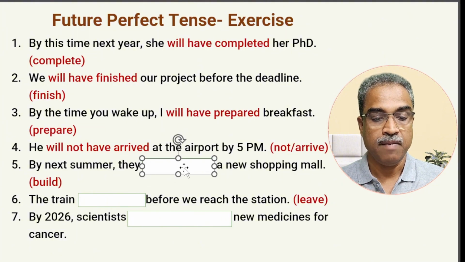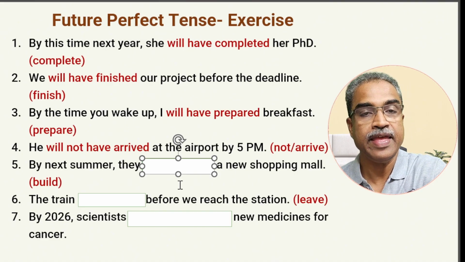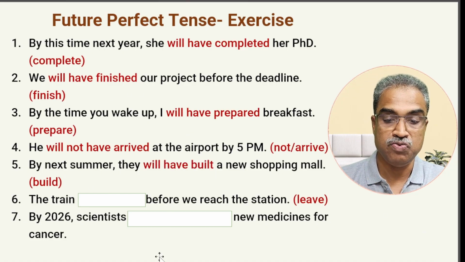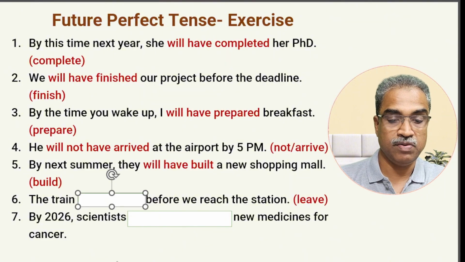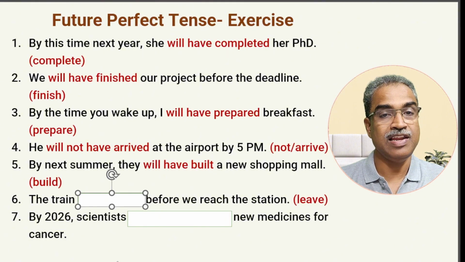Next one, by next summer they dash a new shopping mall. Build. By next summer they will have built. Build, built, built. V3 form. They will have built a new shopping mall. Sixth one, the train dash before we reach the station. Leave.